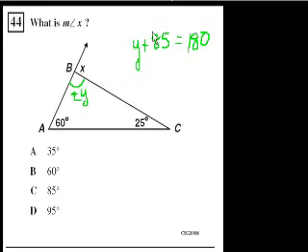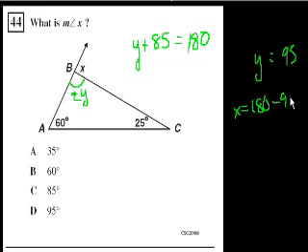This is just saying that the interior angles of a triangle add up to 180 degrees. You could subtract 85 from both sides, and you get y equal to 95. Then we could figure out x from y, because x is the supplement of y. So x is equal to 180 minus 95, which is 85. That didn't take you too long.